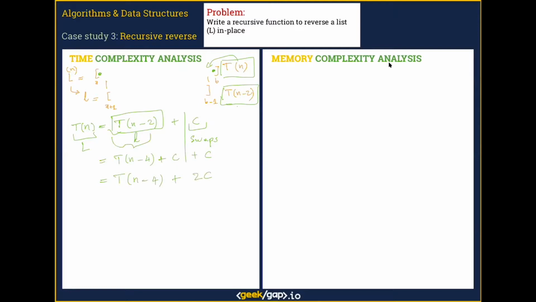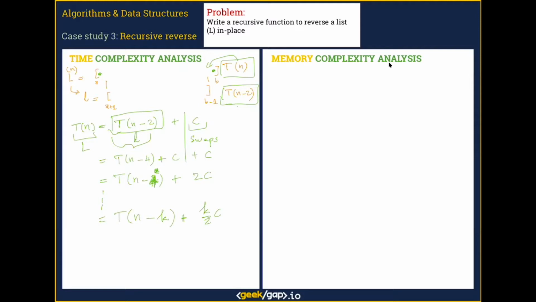And at some point, what we're going to have is T of n minus k plus k divided by 2 times c, right? Does that make sense? Yes, it does. Exactly.